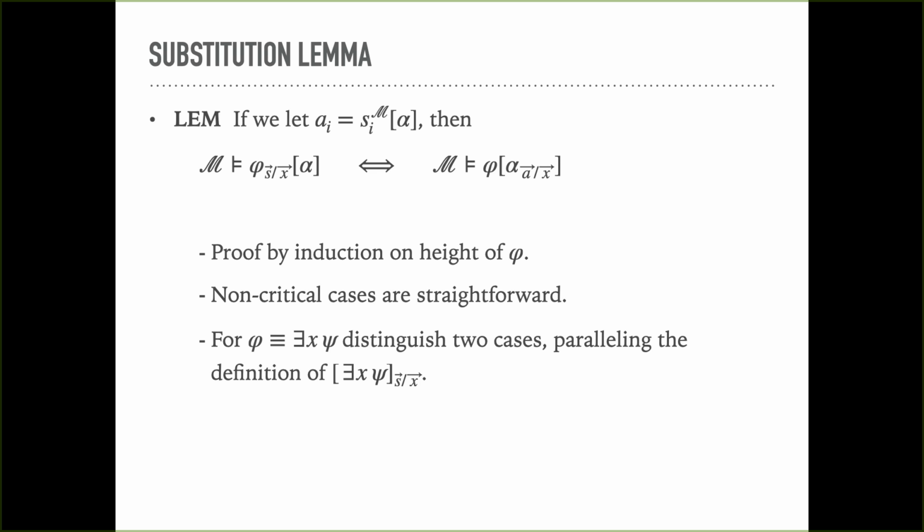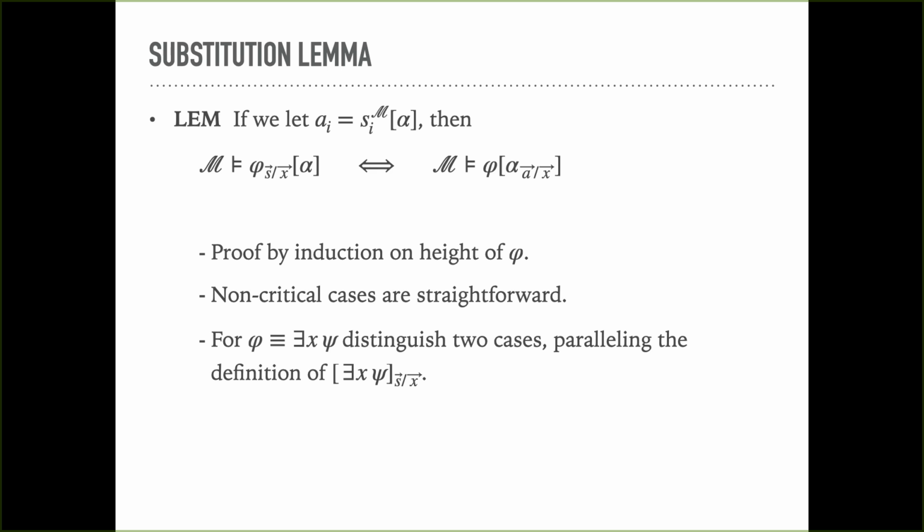So, in other words, the lemma says if we let a_i be the value that we obtain if we evaluate the term s_i in M under the assignment alpha, then the substituted formula holds on the original assignment in M if and only if the original formula holds under the changed assignment.